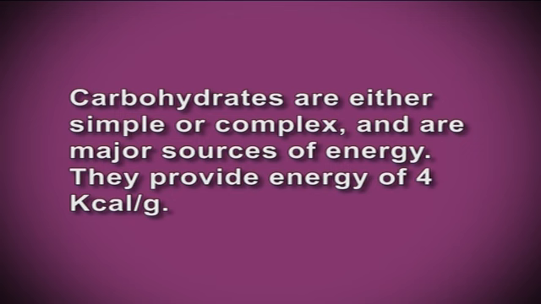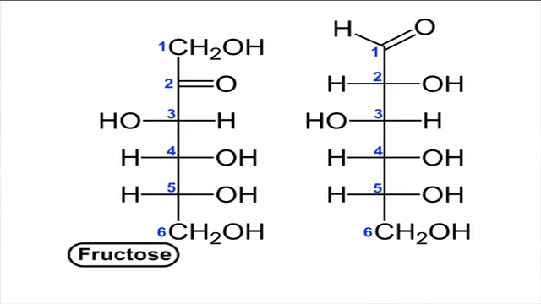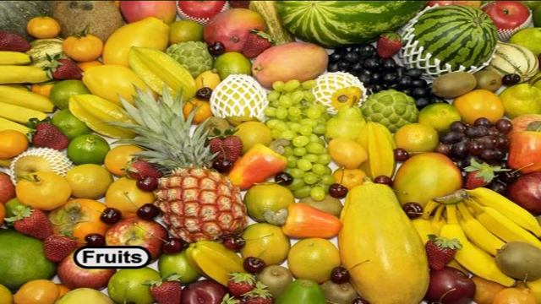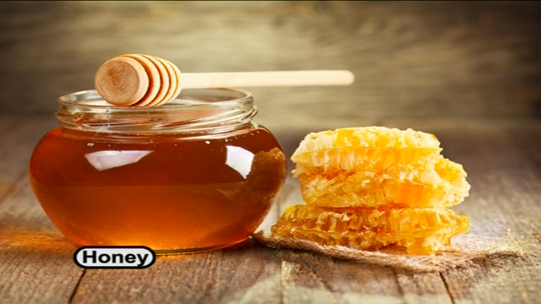Carbohydrates. Carbohydrates are either simple or complex and are major sources of energy. They provide energy of 4 kilocalories per gram. The simple carbohydrates, glucose and fructose, are found in fruits, vegetables and honey.